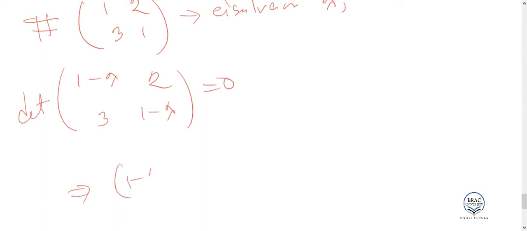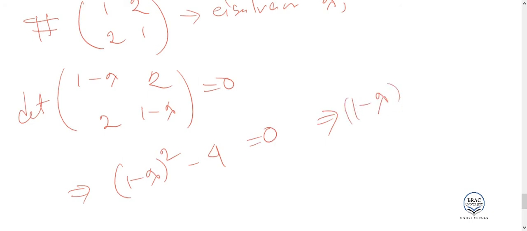If you do that, this is just (1 minus lambda) squared, and instead of 3, let's just take 2, just for the sake of simplicity. This is minus 4 and equals 0. So this tells us 1 minus lambda equals plus or minus 2, so lambda is 1 plus or minus 2. That means lambda has two values, 3 and minus 1.